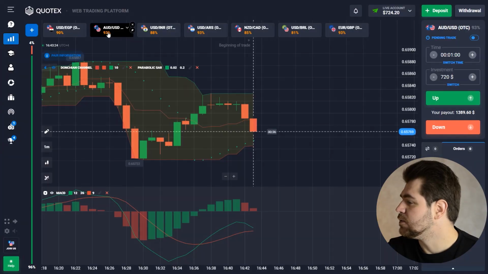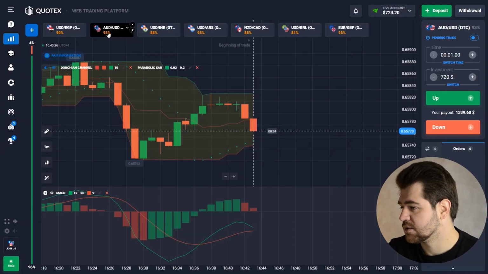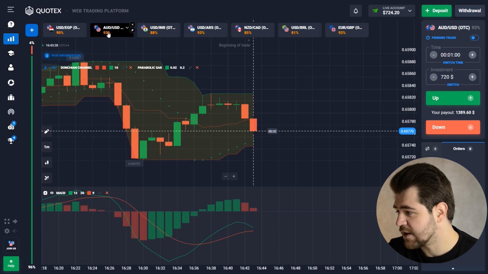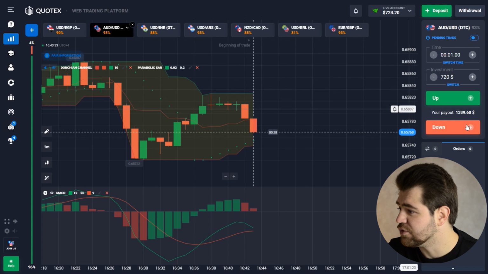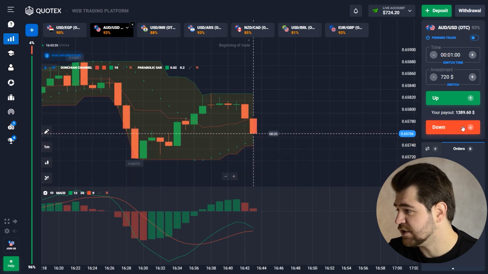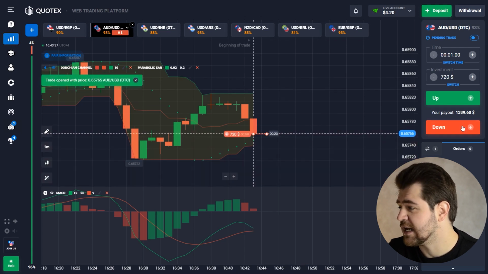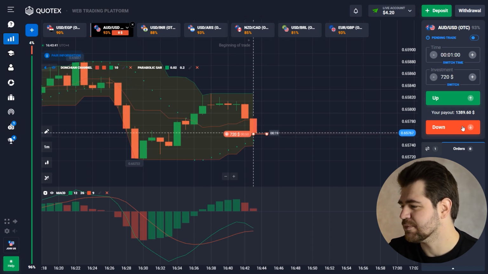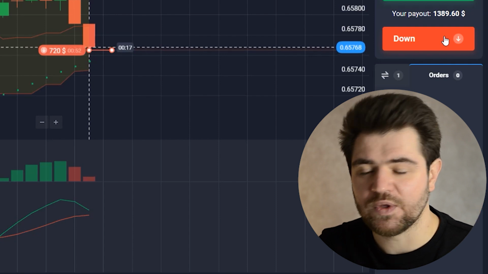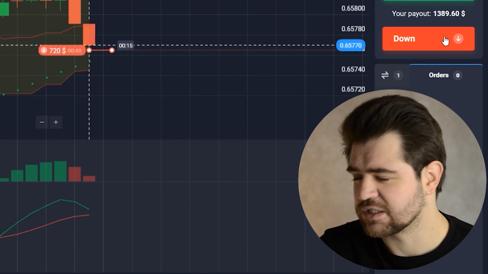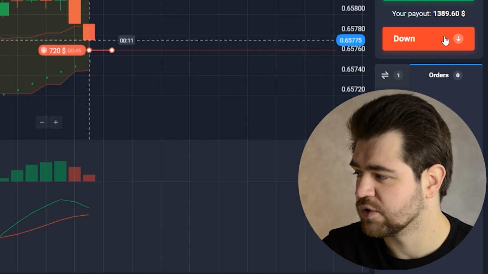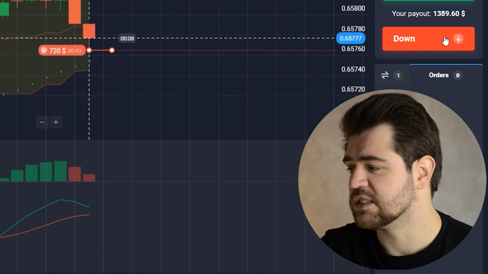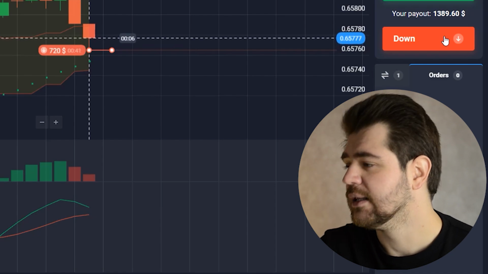Right. Okay, so there are a few things here. We just broke through the middle line of the Donchian Channel, which is a short signal, and also MACD, you can see, is about to meet, with the green fast line about to meet the slower line and cross it, which is a good indication in most cases for a short as well.